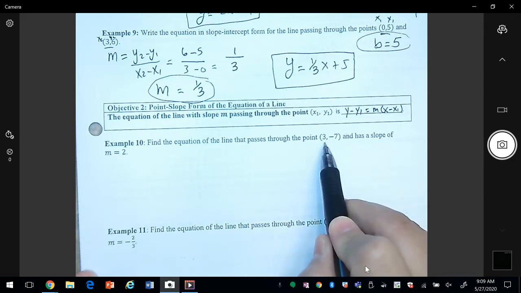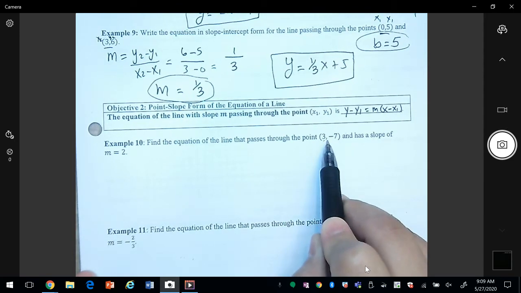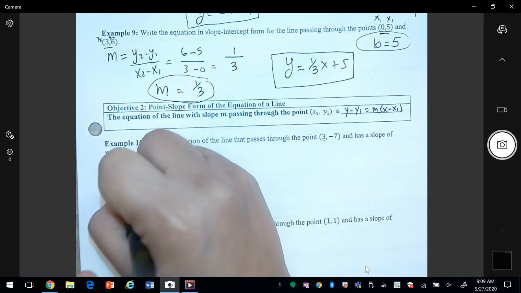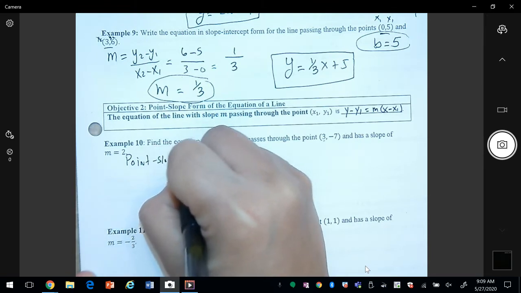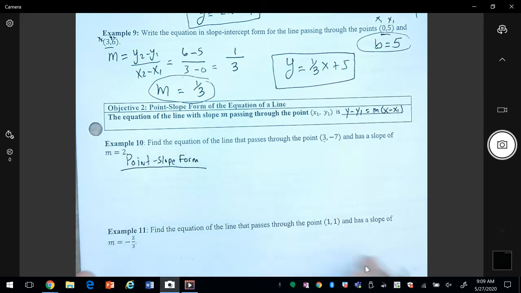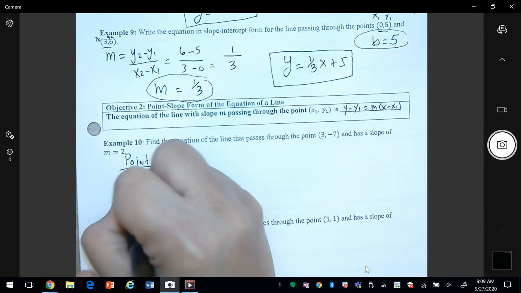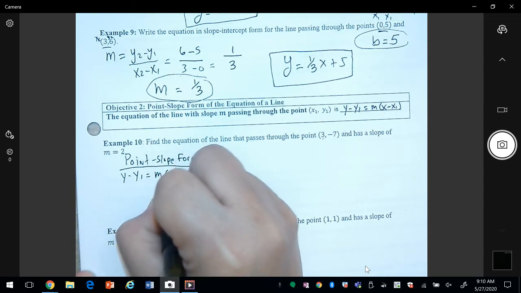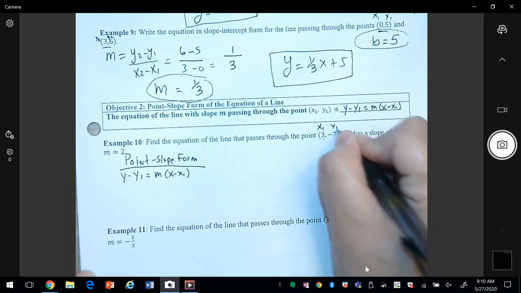If we look at this point, since x is not 0, we cannot say that b is -7. So this is not the y-intercept. There are two ways you can do this. The first way is using the point-slope form. I'm going to show you both ways, and then you can decide which method works best for you. If I write the point-slope form, this is y minus y1 equals m times (x minus x1). I'm going to call this x1 and y1.